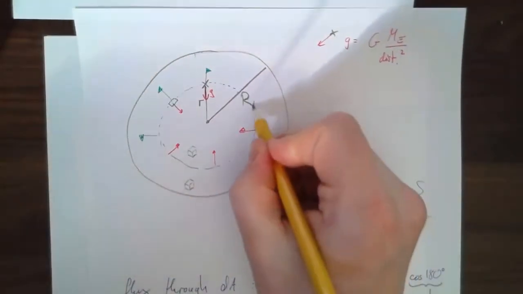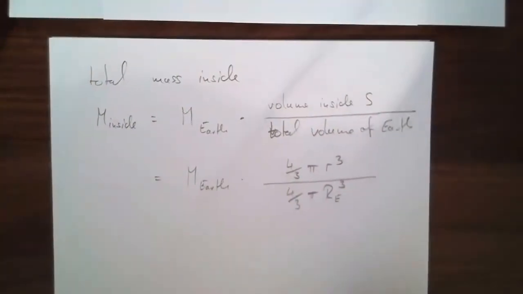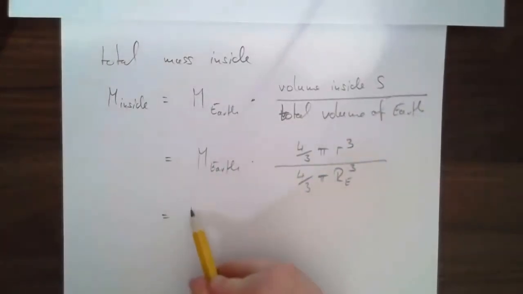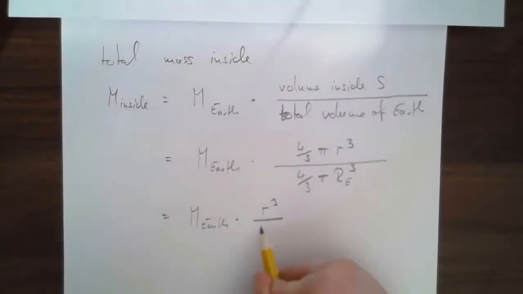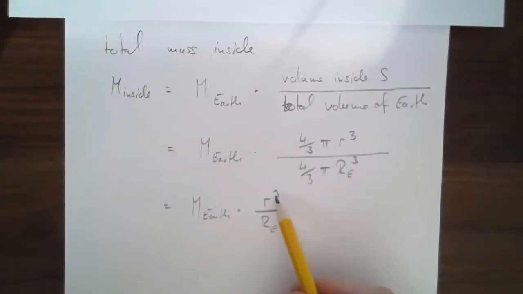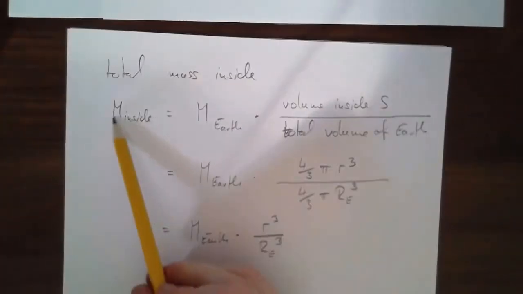I guess I could call this R, the radius of the Earth. Now, conveniently, a bunch of stuff here cancels out. So the mass inside is just the mass of the Earth times r cubed over big R cubed. The radius r is the distance of our point from the center, the point where we want to find the gravitational field, cubed over the radius of the Earth cubed. That's going to give us the mass inside.